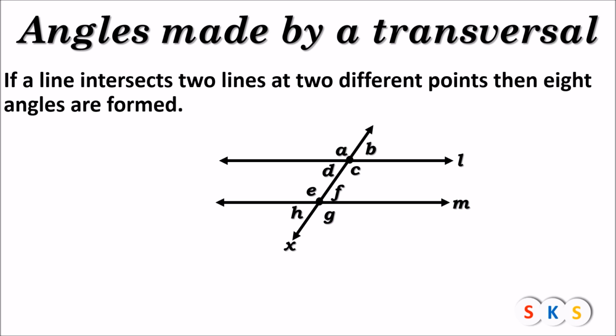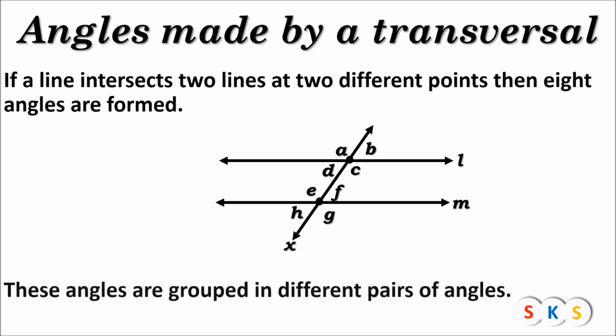So make a note, if any transversal intersects two lines at different points, then 8 angles are formed.